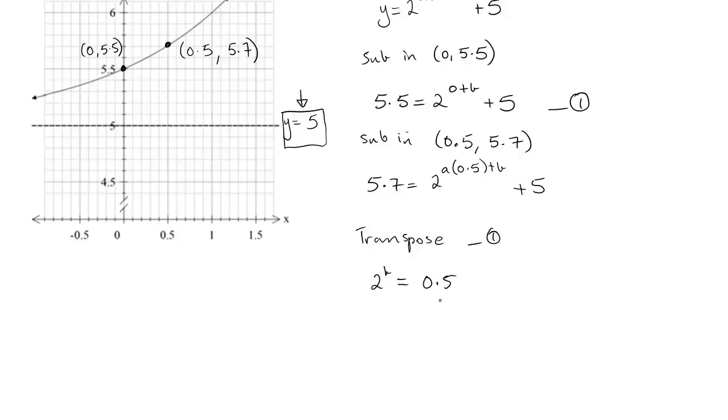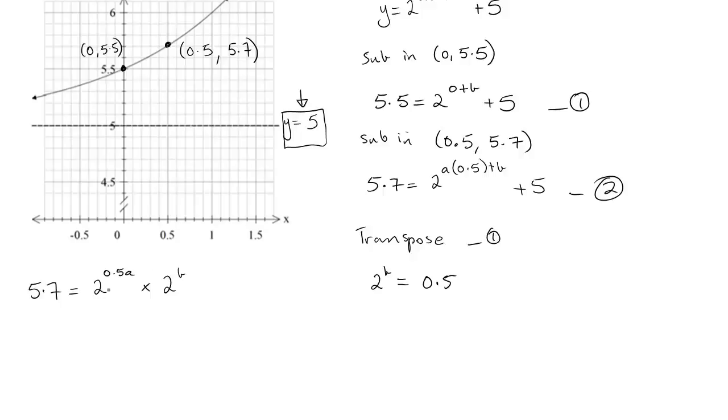And then we could potentially leave it like that, because what we know is that in equation number 2, which we have here, it's possible to write 5.7 equals 2 to the power of 0.5a plus b. And because these indices are adding, they're actually multiplying on a base level.